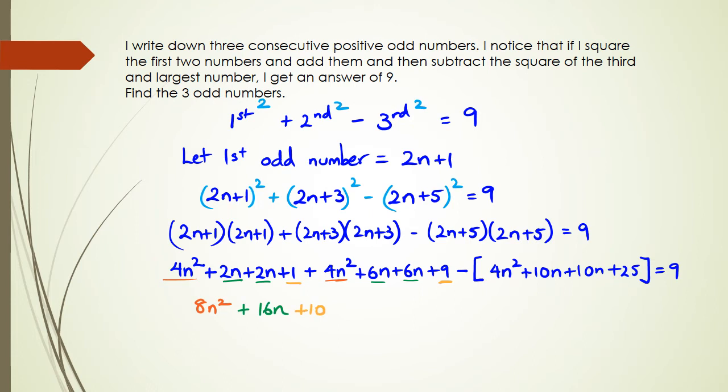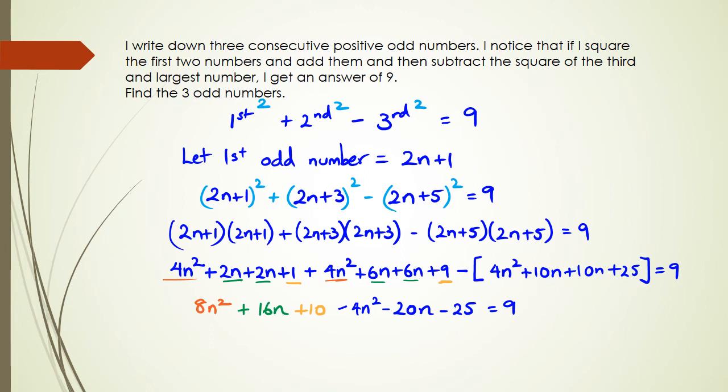Now when we get to this minus part, the reason I put the bracket is because you have to go minus 4n squared, minus 10n, minus 10n. 10n and 10n is 20n, so I'm going to do that in one step. I'll write that as minus 20n, and then minus 25, is equal to 9.